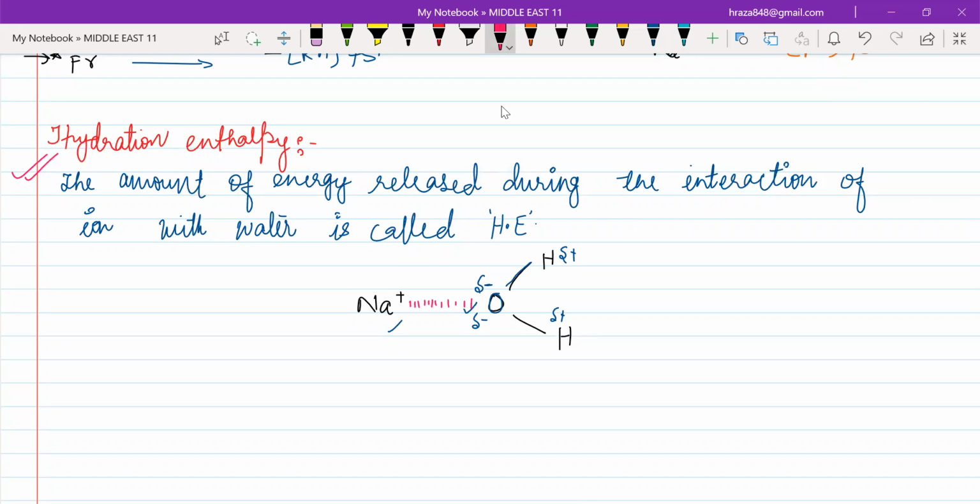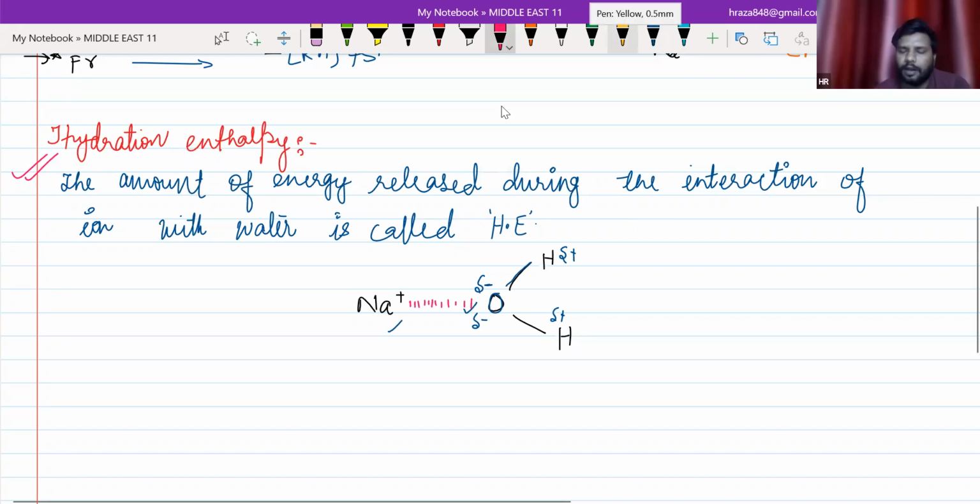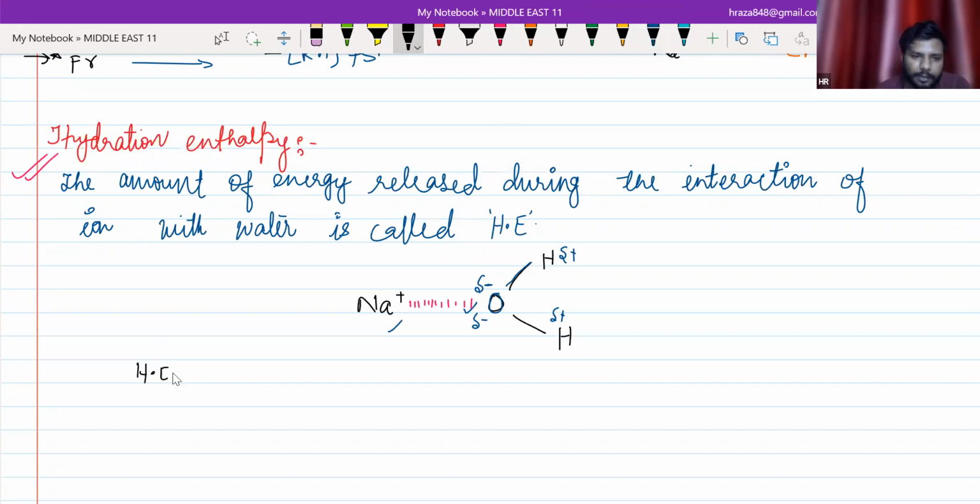So basically, how do we compare hydration enthalpy? Which element will have more hydration enthalpy, and which element or ions will have less hydration enthalpy? So basically, hydration enthalpy is directly proportional to magnitude of charge. You know that if we increase the charge, the force of attraction will be greater, and force of attraction is directly proportional to amount of energy released.